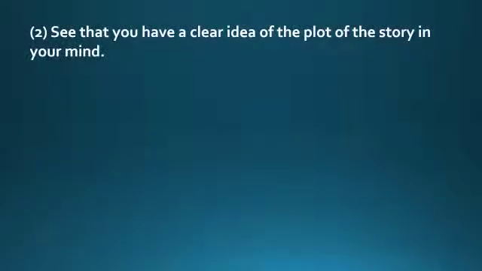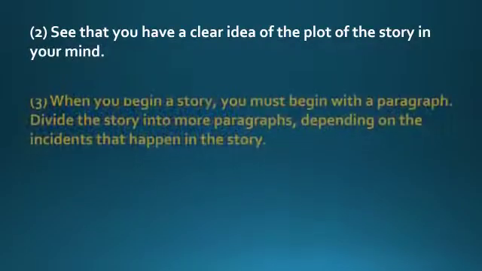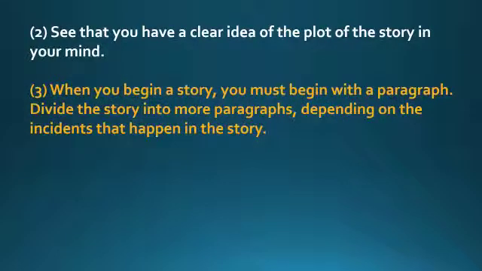Second, see that you have a clear idea of the plot of the story in your mind. Third, when you begin a story, you must begin with a paragraph. Divide the story into more paragraphs depending on the incidents that happen in the story.